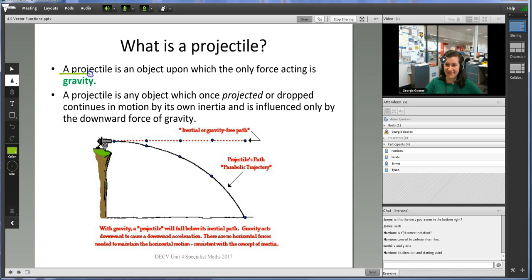So when we have a projectile, it's under the influence of gravity, it behaves under the force of gravity, and so, anything what goes up must come down. So a projectile, once projected or dropped, continues in its motion by its own inertia. What does that mean? Do you know? Anyone do physics? It will continue at the same velocity unless a force acts on it.